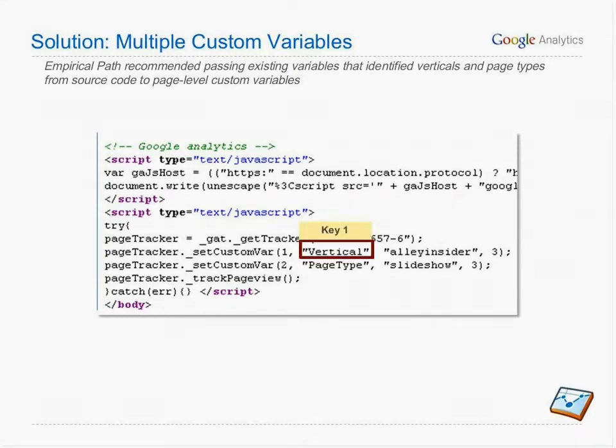In this example you can see that we assigned vertical to key position 1, and then the value Alley Insider to the value slot, and likewise the page type key value pair passing slideshow to the Google Analytics custom variables.